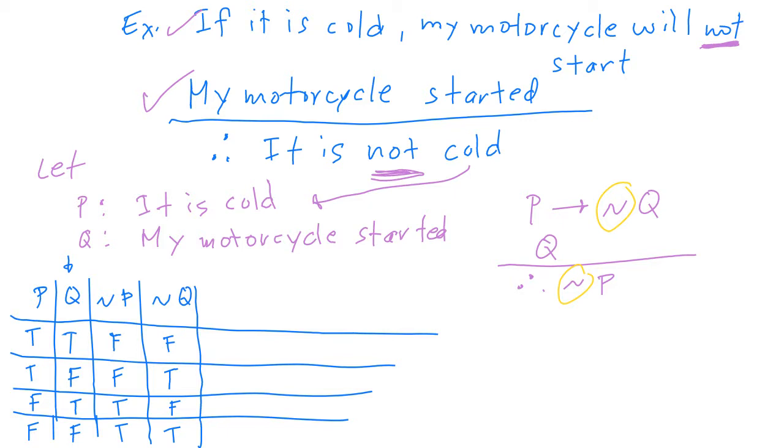Let's write that out: P conditional not Q, and Q, and then conditional to not P. So you're looking at the first premise, and the second premise, and then conditional to not P, because that's the conclusion.